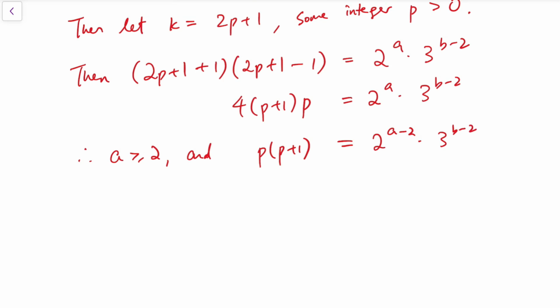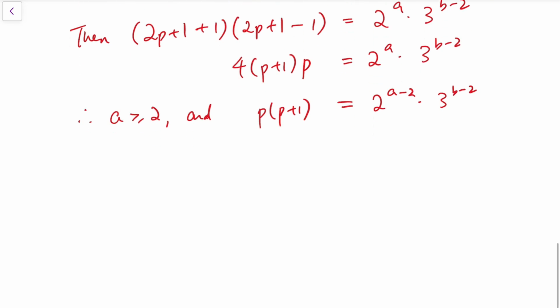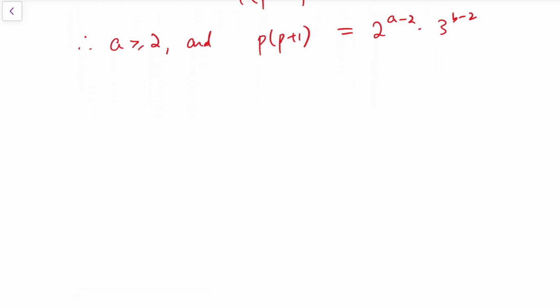Then divide both sides by 4 again. We have p times p plus 1 equals 2 to the power a minus 2 times 3 to the power b minus 2. Now the interesting fact is, because p and p plus 1 are consecutive positive integers, that means they are co-prime, as in they do not share any common prime factor.